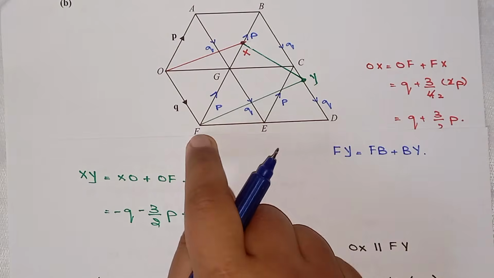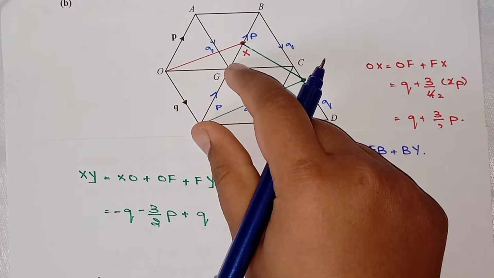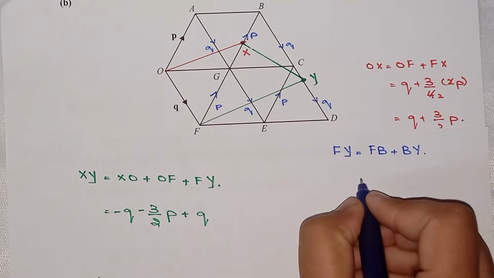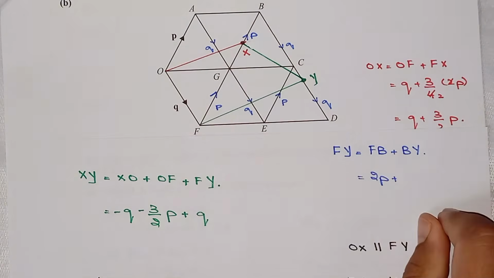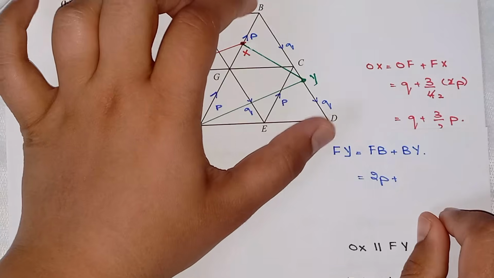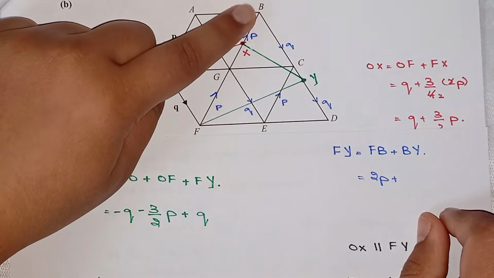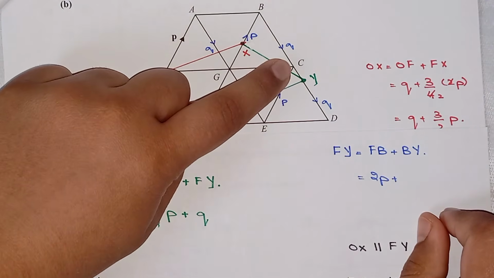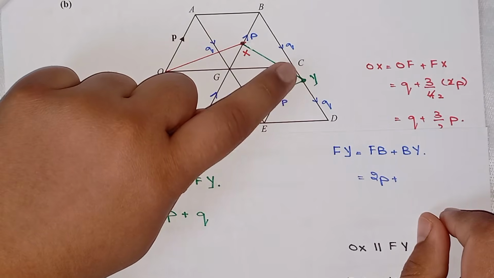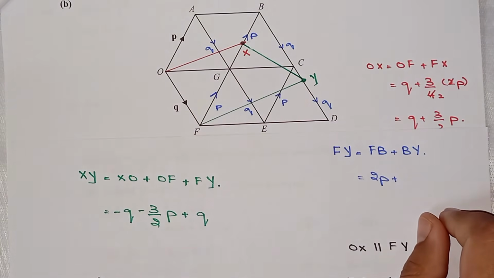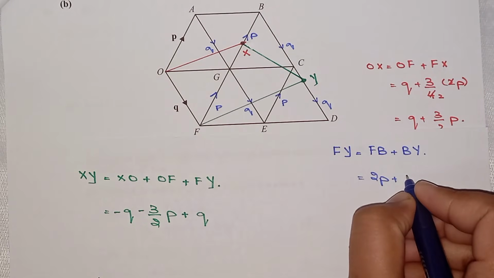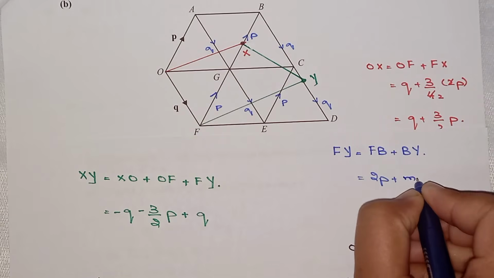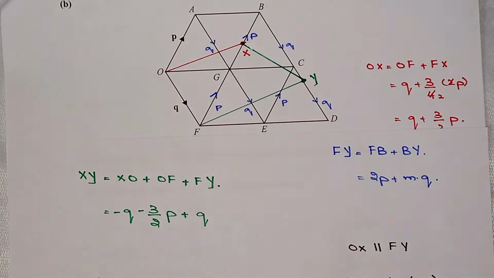Okay, so what is FB? This is P and this is P. So FB is 2P plus B to Y. As we know that B to D is 2Q. What is B to Y? B to C is Q, and this would be some constant times Q. Let's say some constant M times Q, right?